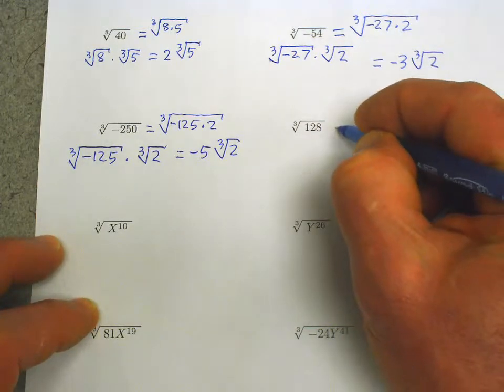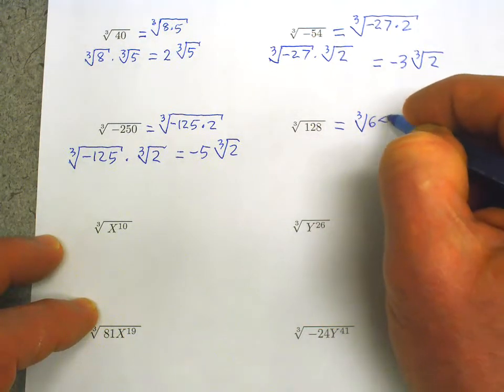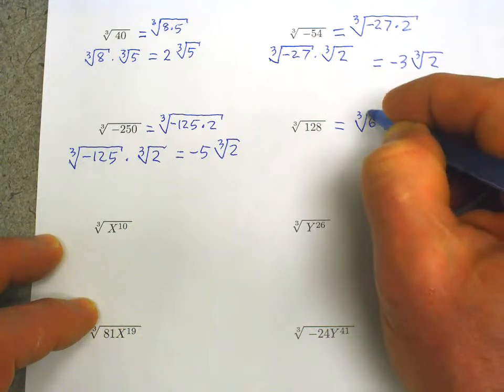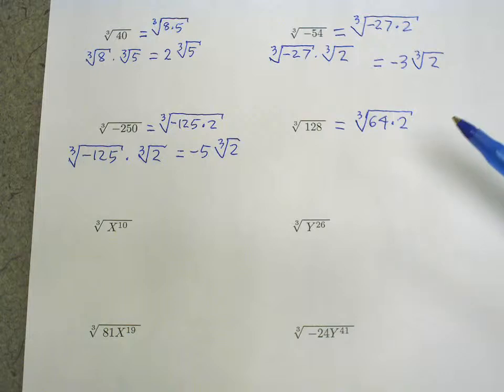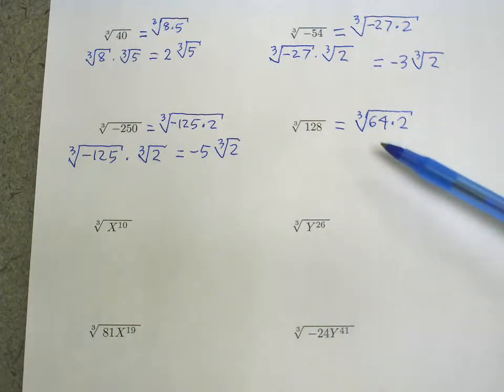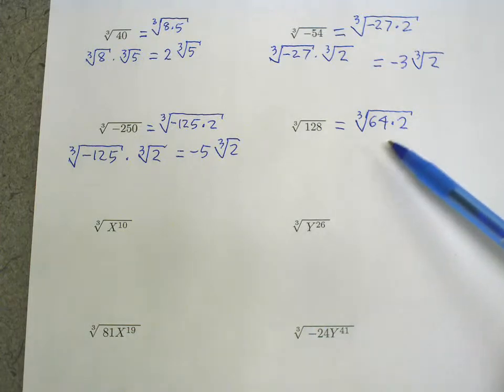So we can write this as the cube root of 64 times 2. Even if you only used the perfect cube 8 in the factorization, you could still make it work. It would just be a little bit longer process.